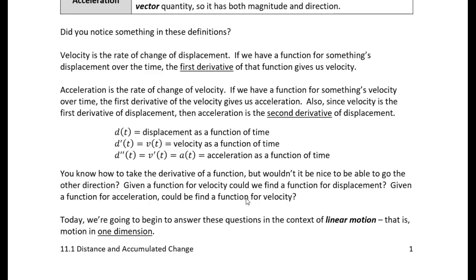Okay, so we're going to look at linear motion, which means motion in one dimension. Now, motion in the real world is three-dimensional, but really we can just take a three-dimensional problem and break it up into one-dimensional problems. So one-dimensional motion is very important, even though it seems pretty simplistic.